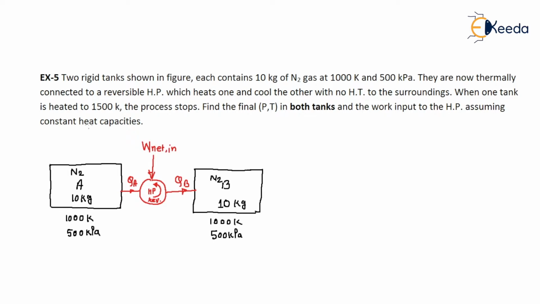When one tank is heated to 1500 Kelvin, let's suppose this is the initial T1 and P1 of tank A, and this is T1 and P1 of tank B. If the pump operates with work input, this tank will heat up and this tank will cool down.